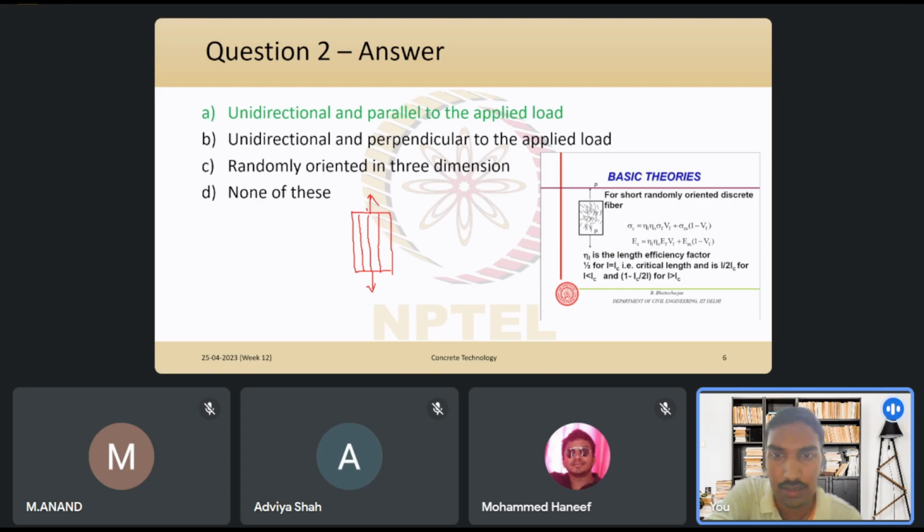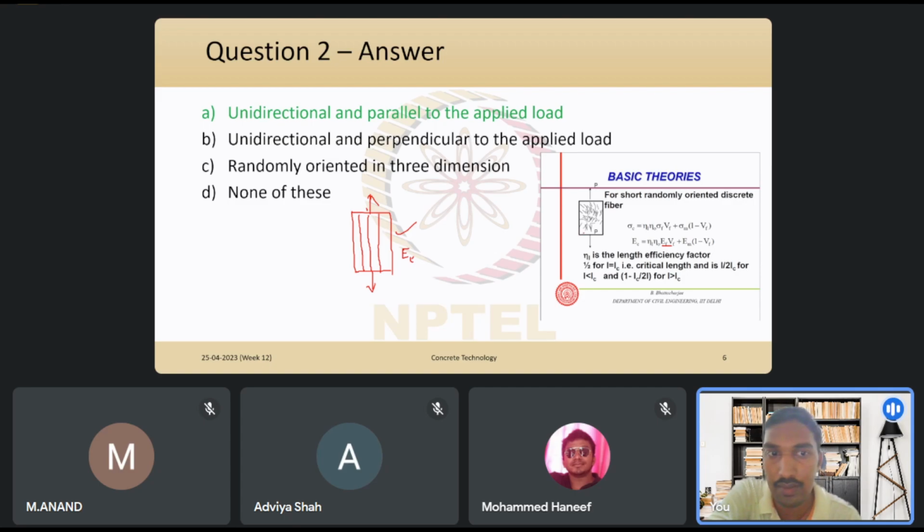We also showed when we derived it that the modulus of elasticity of your concrete containing fiber will be E_f times V_f, where V_f is the volume fraction of the fiber and E_f is the modulus of elasticity of the fiber, plus E_m times (1 minus V_f). The rest of the volume will be the mortar, with the modulus of elasticity of the mortar. That is in the ideal case.